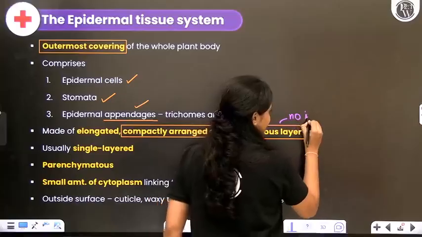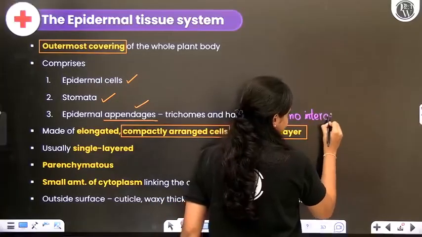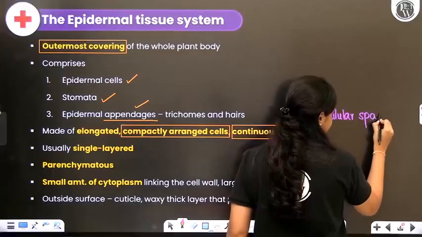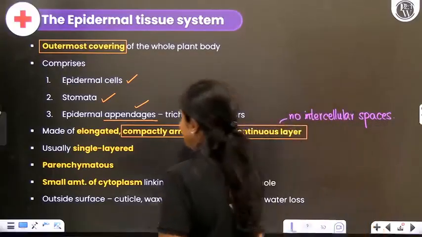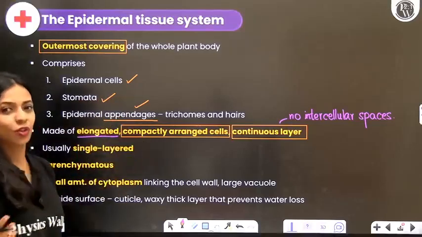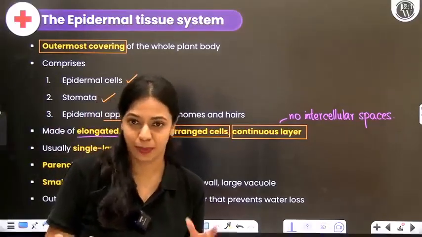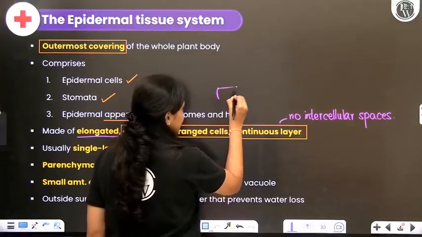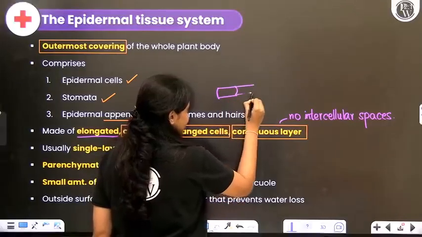No intercellular spaces. Okay, and these are elongated. Elongated means when we draw the section of different plant parts and I show you the epidermis, you will understand mostly it will be like a barrel shape. It will be like this, a continuous thin layer of cells.